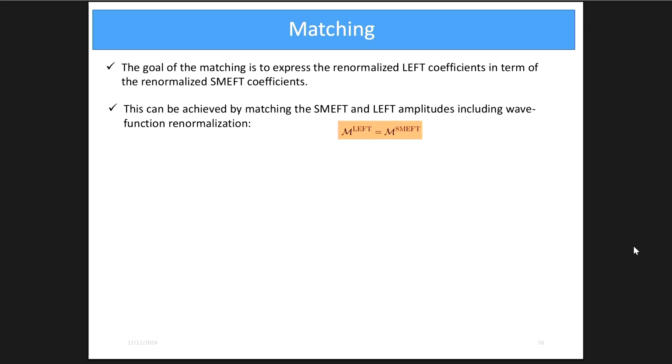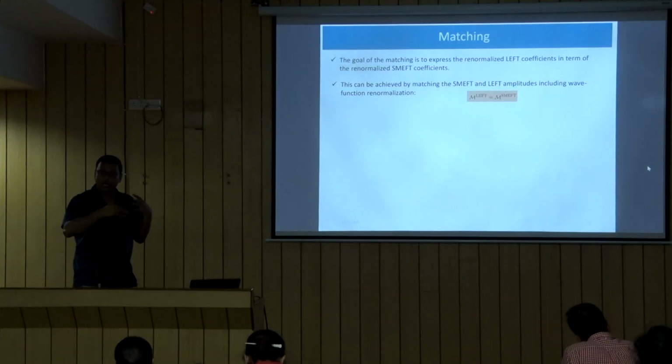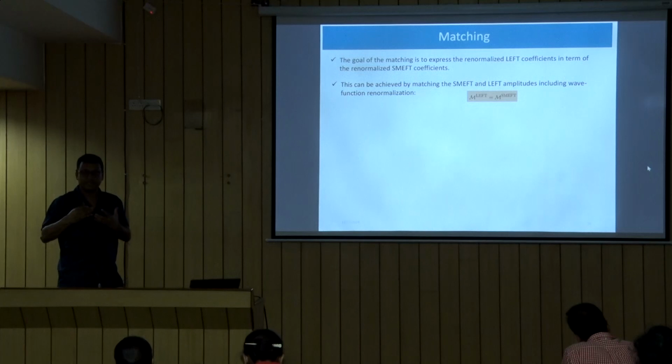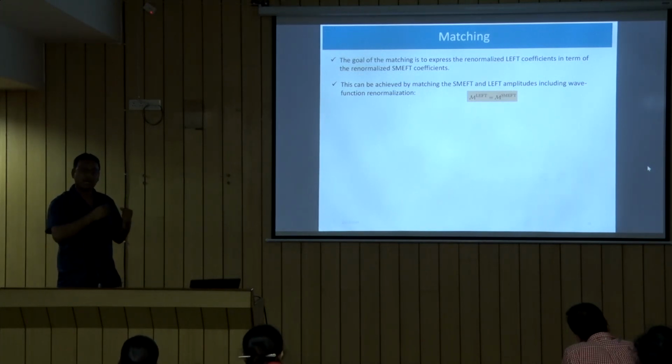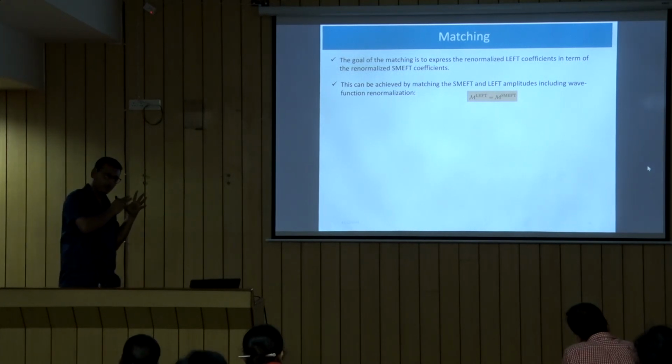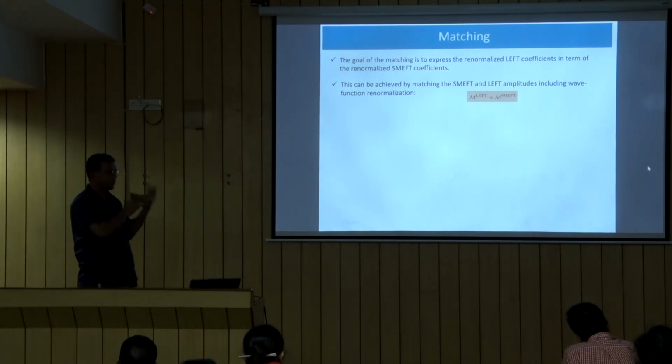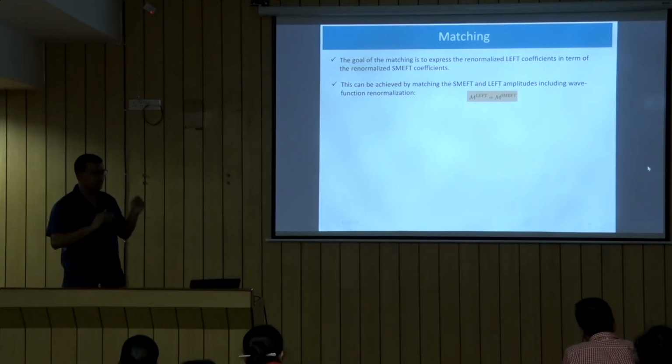You need to equate the amplitudes you are calculating using the LEFT basis of operators with the SMEFT basis ones, but everything has to be renormalized. You need to add the counterterm and whatever one-loop or leading-order results you have, add them and equate them.